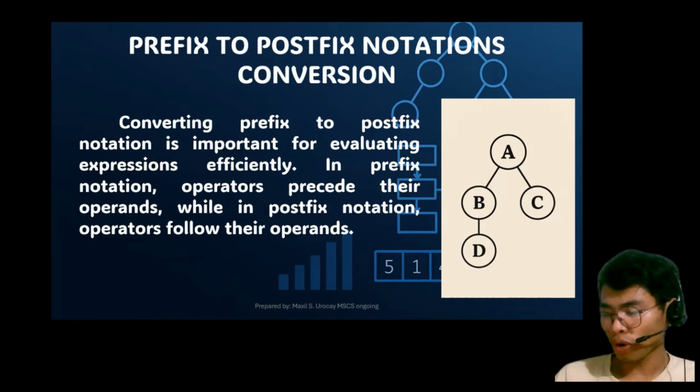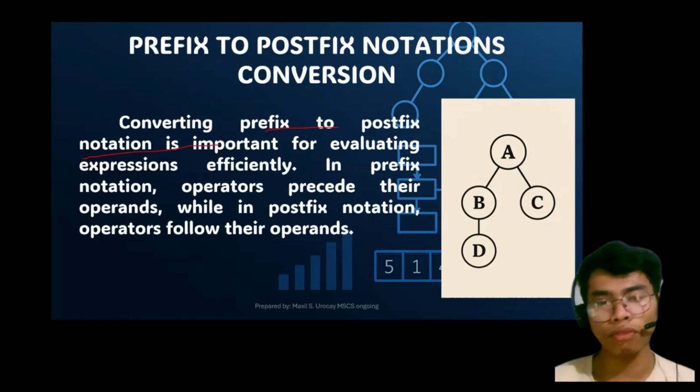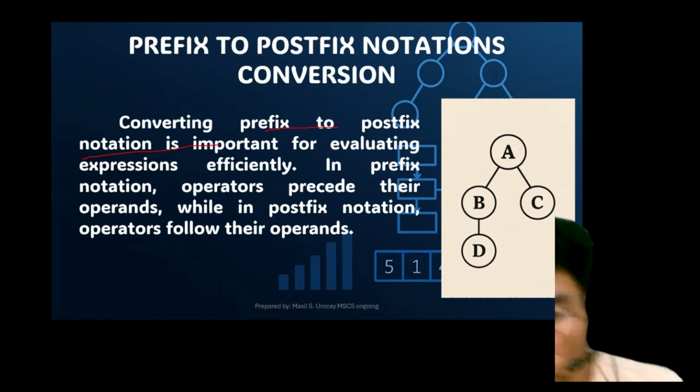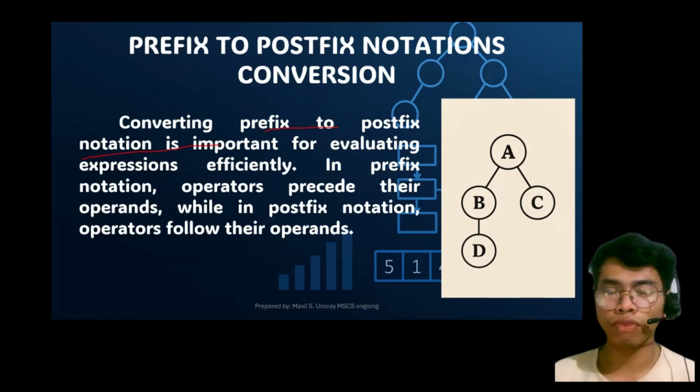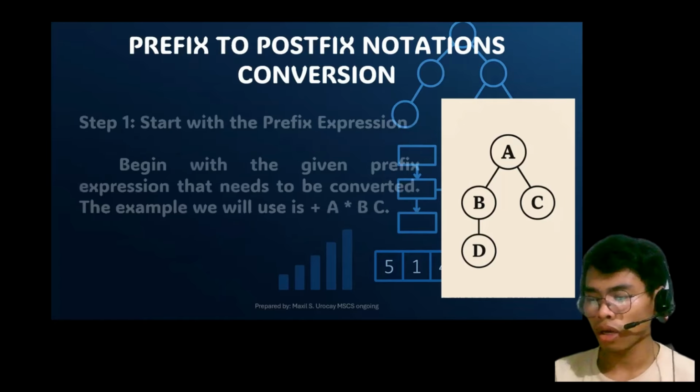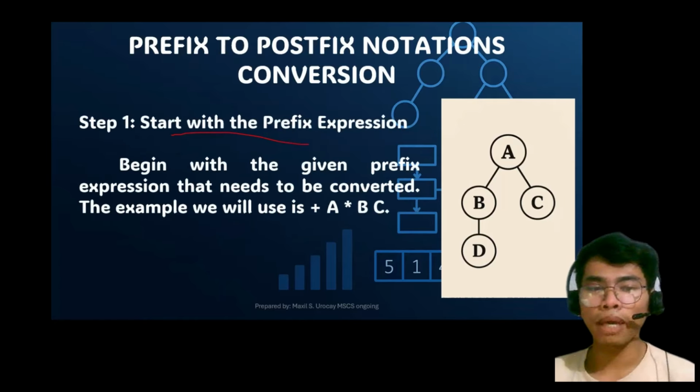Okay. So for this following expression, converting prefix to postfix notation is important for evaluating expressions efficiently. In prefix notation, operators precede their operands, while in postfix notation, operators follow their operands. So that's how it works. So start with the prefix notation. Begin with a given prefix expression that needs to be converted.